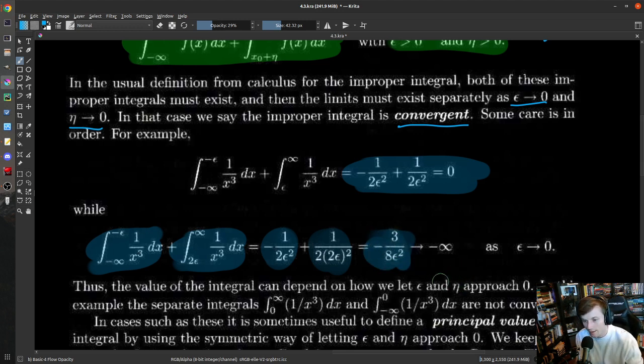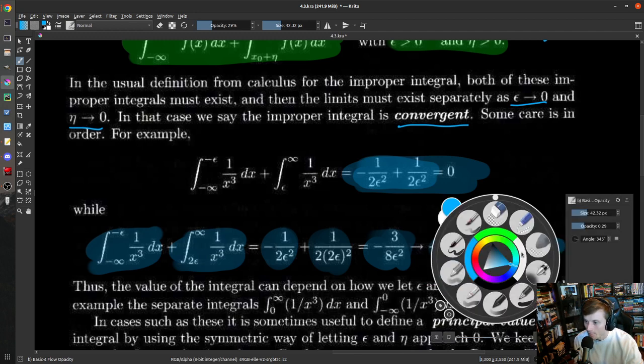And as epsilon goes to 0, this will get what? Quite large, yeah? Up here we had nice cancellation, but something over something very close to 0, ooh, very big. And we have a minus sign, so we go to minus infinity as epsilon goes to 0.